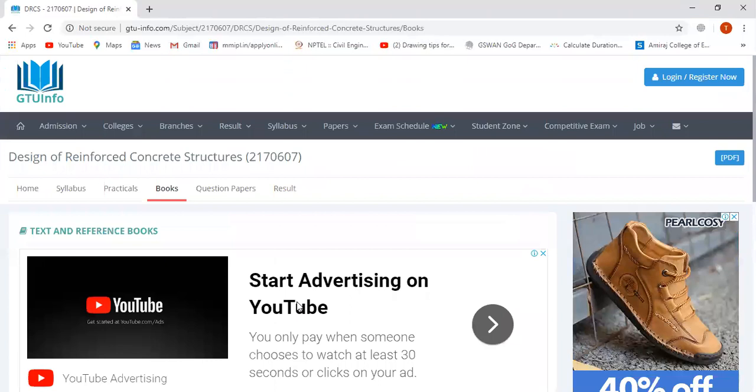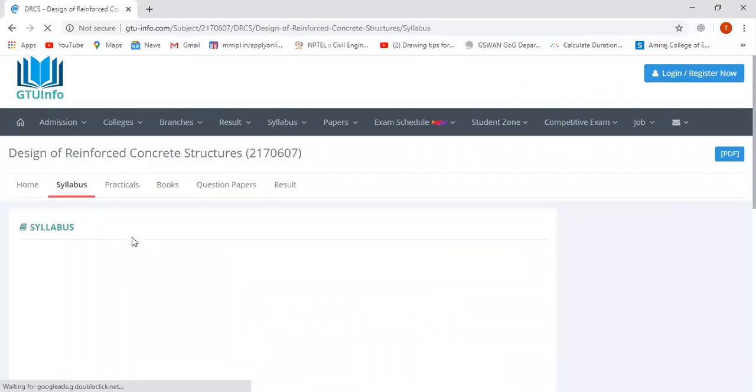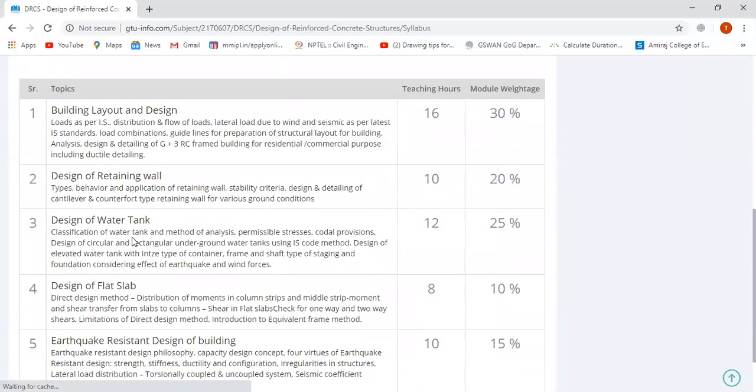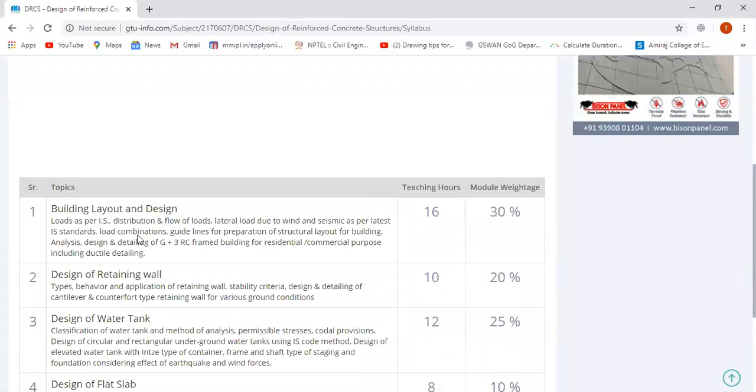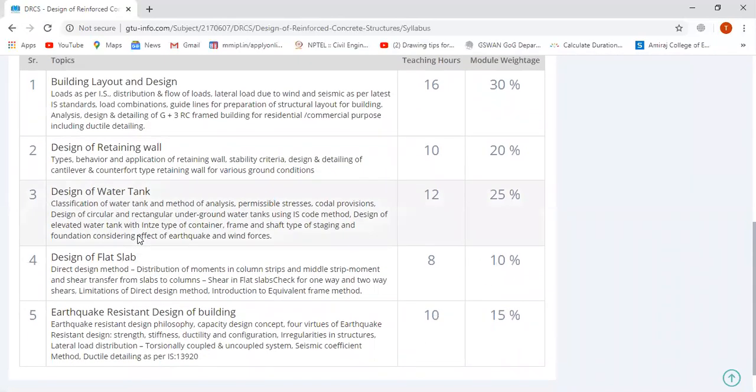Have a look at our syllabus. Design of reinforced concrete structures is mainly divided into 5 parts, which are building, layout and design.